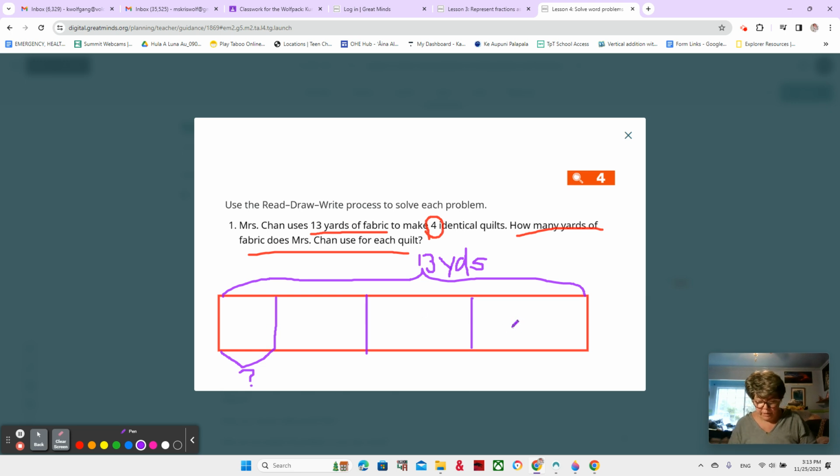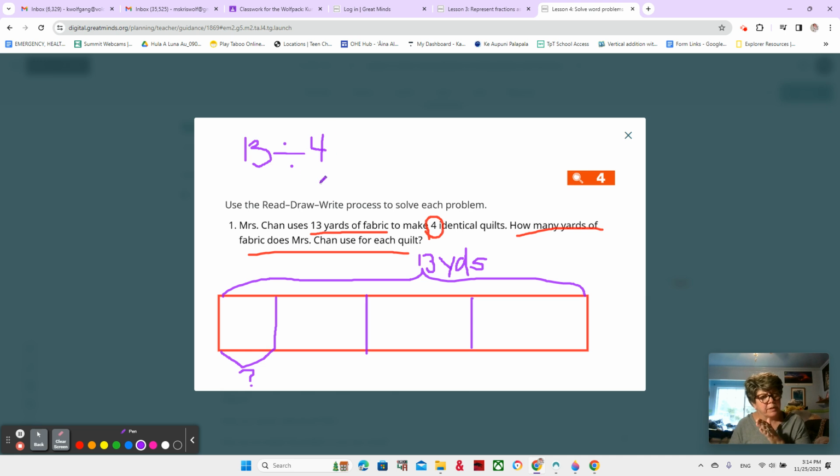Okay. And what could be our division problem here? 13 divided by 4. Now let's just stop and think about estimation, right? 13 isn't divisible by 4.